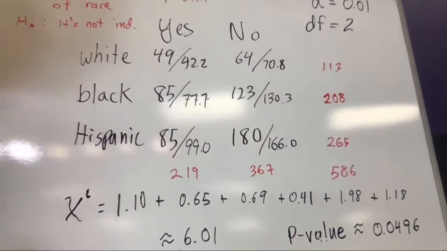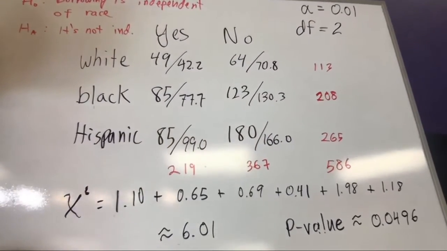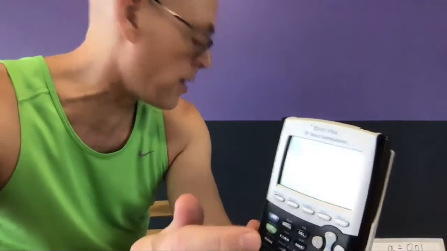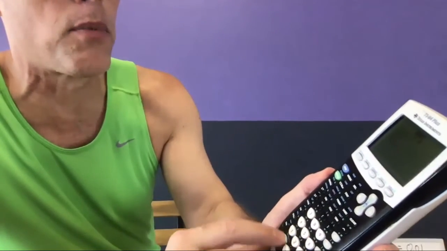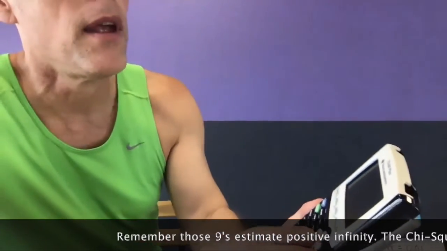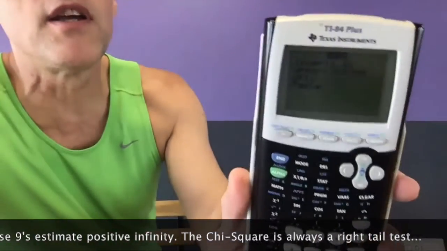You can see I got a p-value here also of 0.0496. I went to my handy dandy TI and distribution menu, and you go to chi-square CDF, and your lower value is going to be your test statistic, in this case 6.01, and your upper value, however many 9s you're feeling today, and your degree of freedom is 2.